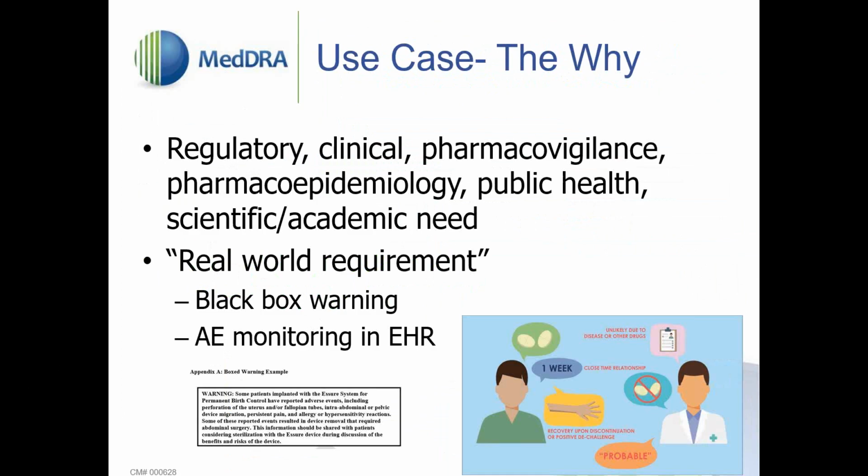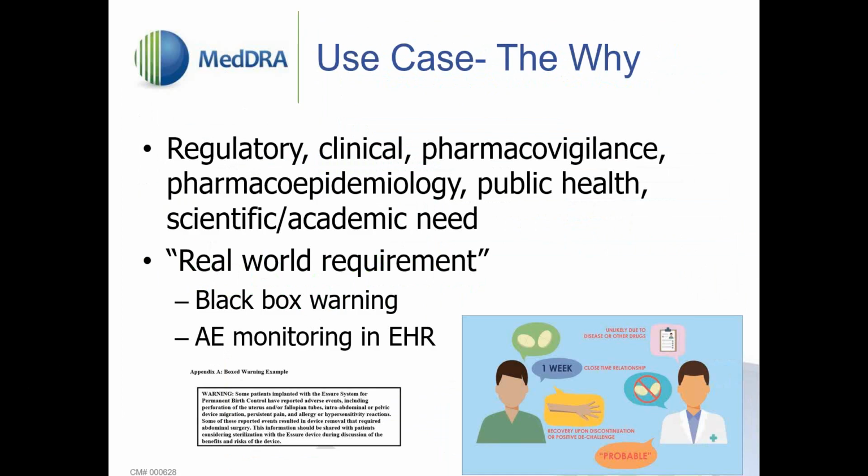On the right-hand side of the screen, however, is a different use case for a real-world use of the maps, and that is adverse event surveillance in electronic health records. Oftentimes, information is captured in an electronic health record using SNOMED CT FSNs, and this information could be very useful for the purposes of surveilling or pharmacovigilance work, looking for different adverse events that have occurred for patients taking specific medications.